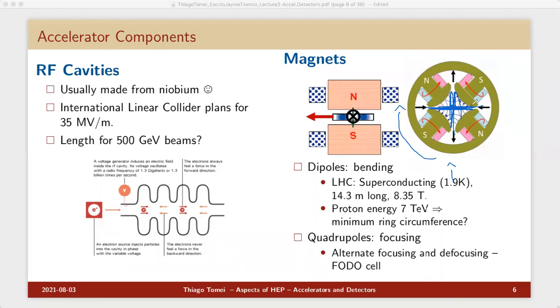So first you focus in one dimension and defocus on the other, and vice versa on the other part, that is the defocuser. And you design it so that overall the effect is focusing the beam in the center.